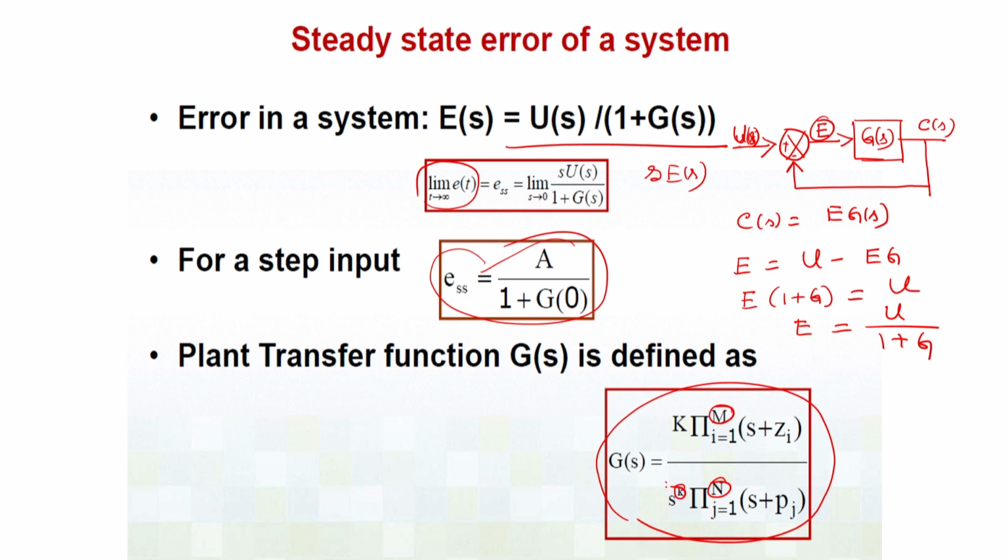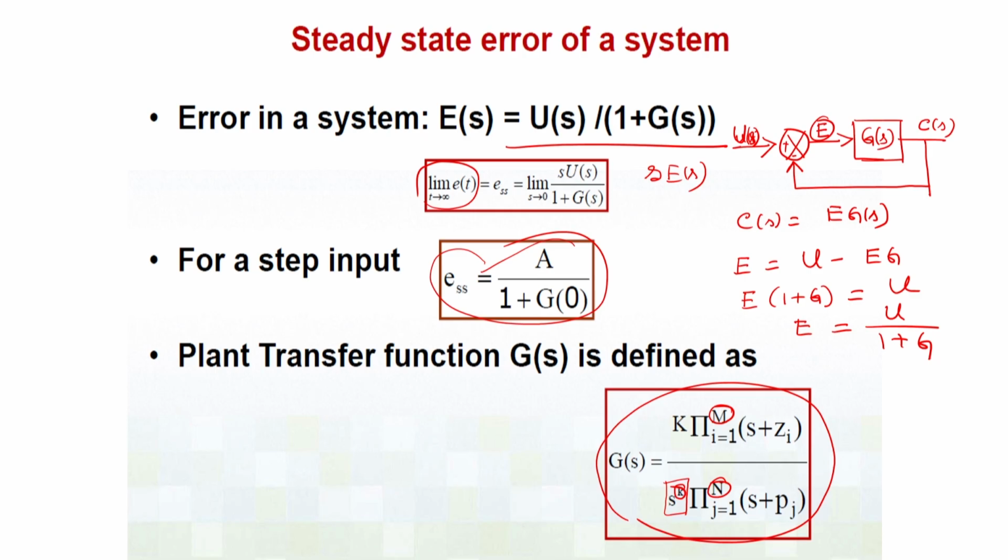Well, if there is no pole at the origin, that means if it is a type 0 system, then in the G(s) you are going to get some finite value. So, G(0) will not be an indefinite value, but some finite value.